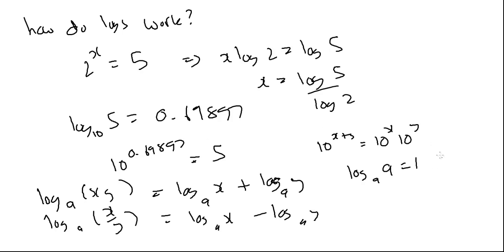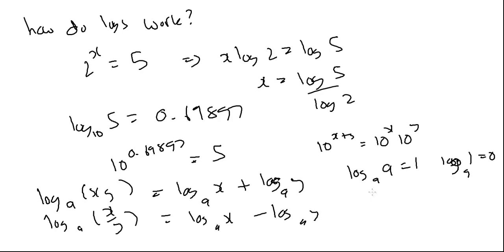Also, log to the base a of 1 is equal to 0, because a to the power of 0 is equal to 1. So again, it follows from what we did with indices.